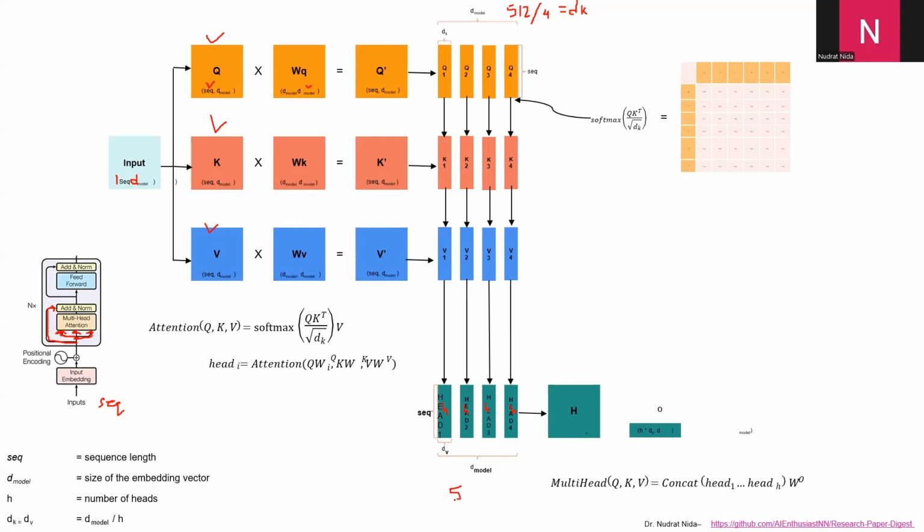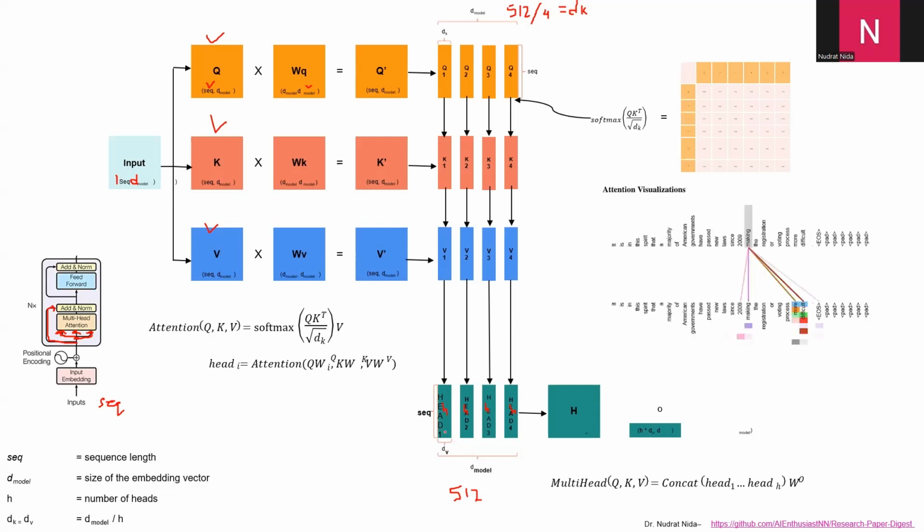Basically, it is a subsection of our embedding, and we want each head to see the entire sentence, but only a small part of the embedding. So the head contains the entire sentence, but head one will only see a small part of the embedding.